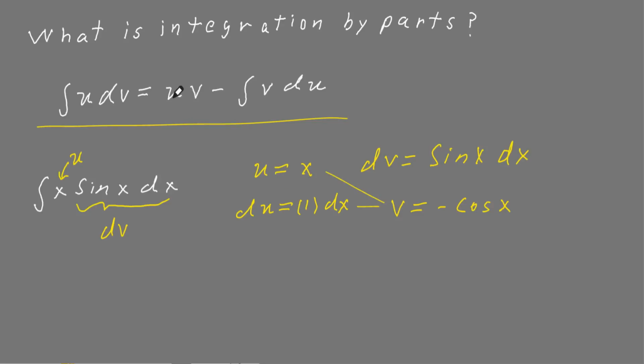So the original integral is equal to u times v, which is this times this. So I'll put the minus sign first. So you have minus x times cosine x. Minus the integral of v du, and v is equal to minus cosine x.